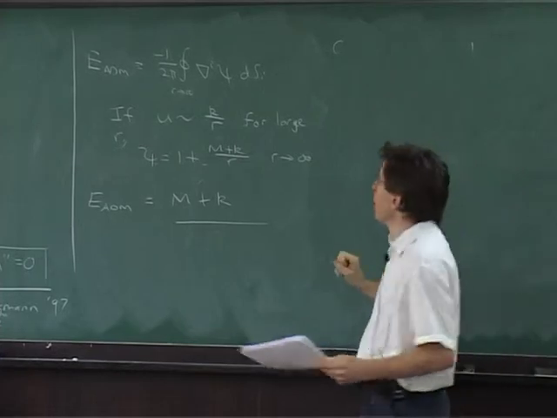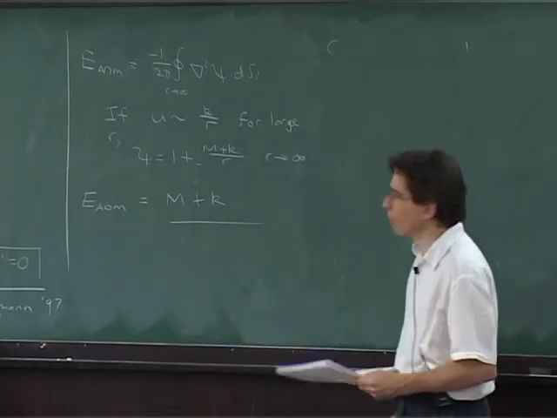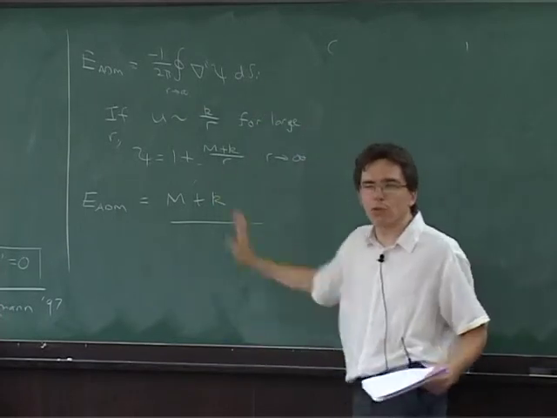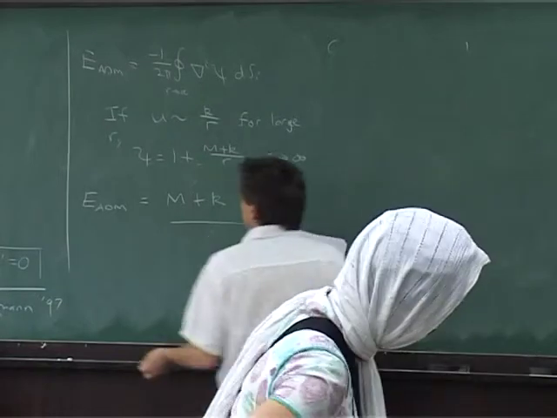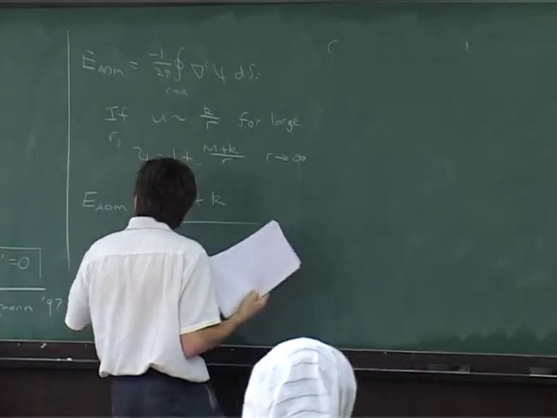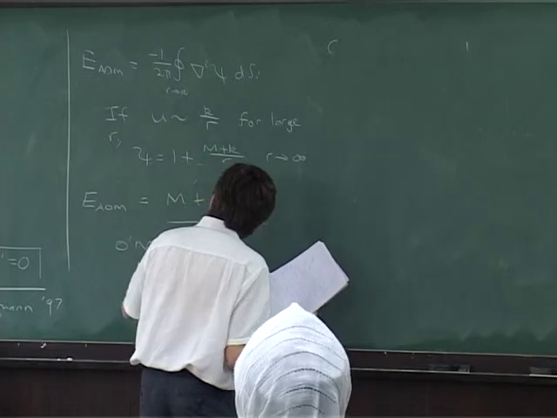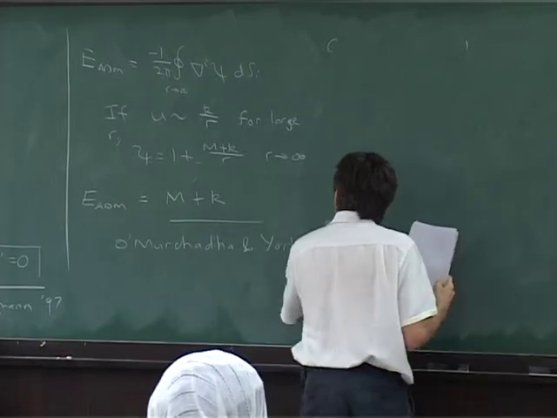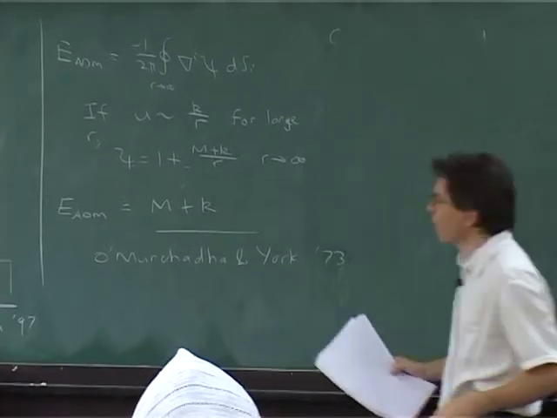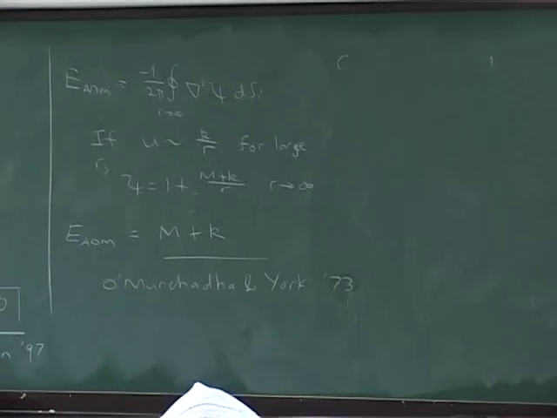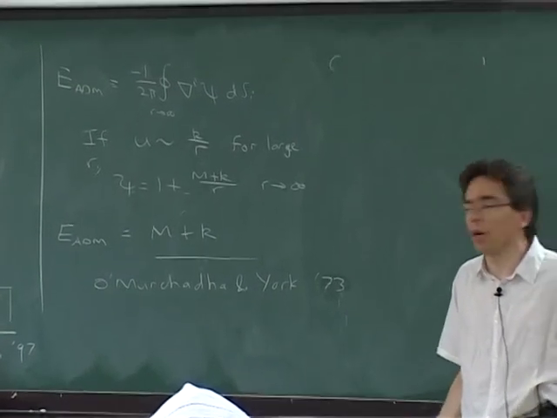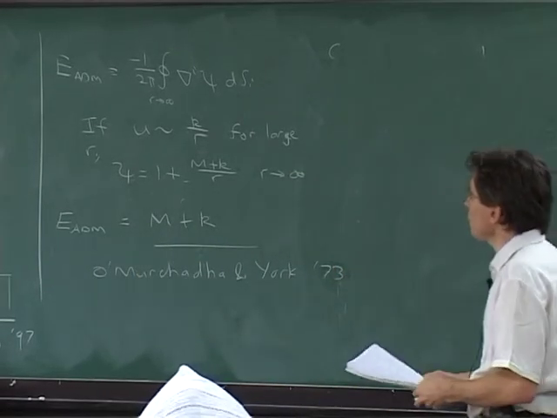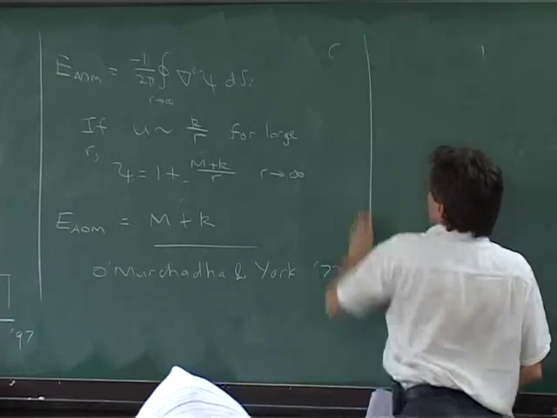If you want to see the full definition of the ADM energy and how to get to here and all sorts of other interesting things about it, you can read a paper by Arnowitt, Deser and Misner, or rather York, from 1973. I can't remember the title. I think it's something like gravitational energy, some very short title. But this paper talks in great detail about these things, and that's a very good reference for this.